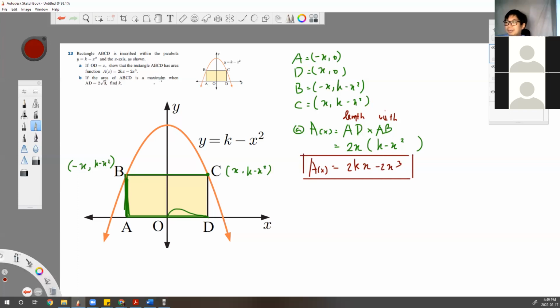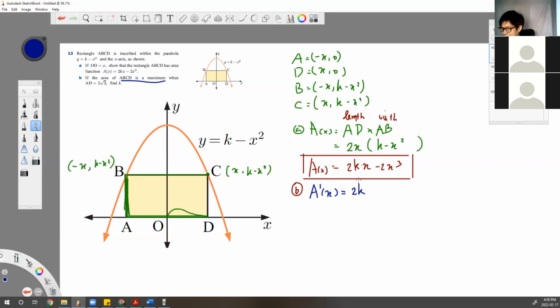The area of ABCD is a maximum when AD equals 2 square root 3. Okay, so AD is 2 square root 3. So the area is maximum when, let me show you how to do it. If you think, oh, I don't have any idea about this, find K. How do I find K? Area is maximum, so it means that you need to differentiate.